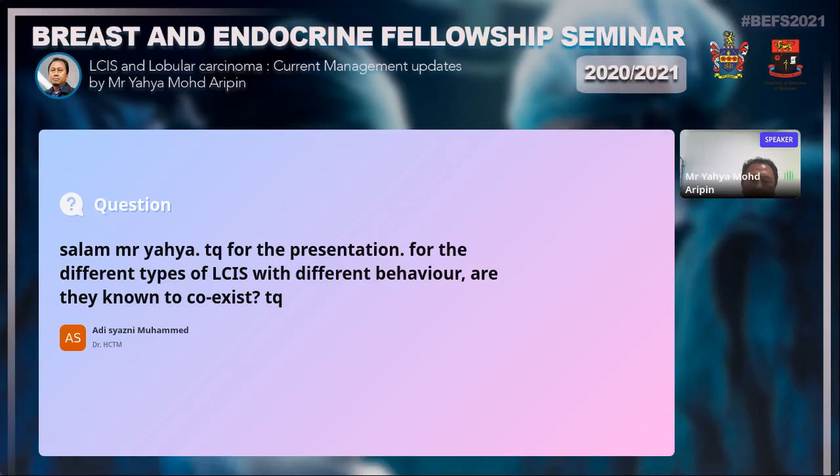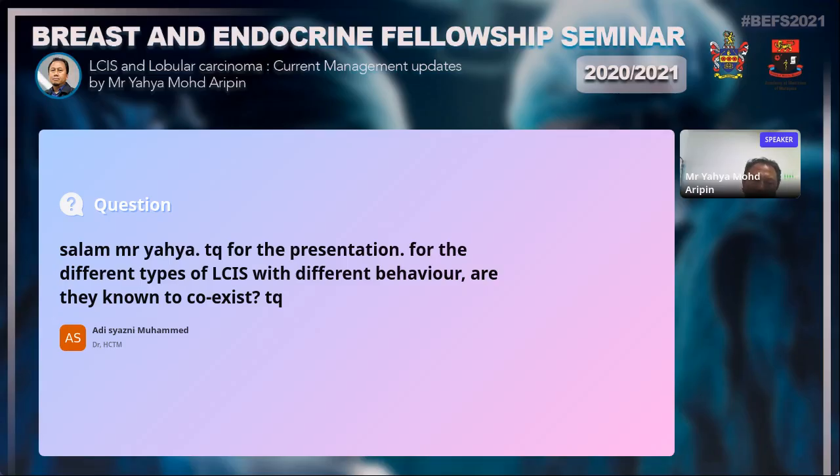Whether you use a needle biopsy or an excision biopsy. Excision biopsy is always better than needle biopsy. If you use a needle biopsy, for example, you tend to miss the focus of the aggressive type, right? That's why you need to look into the radiology and the clinical findings of the patient, whether there is any discordance between radiological and histological findings.